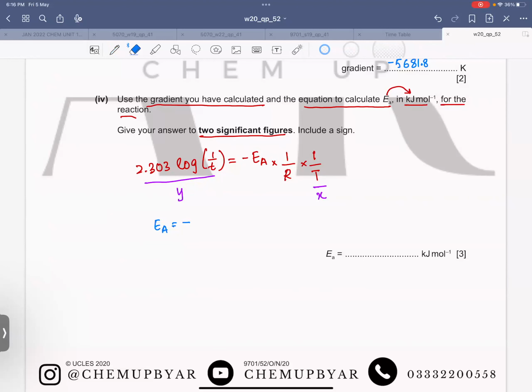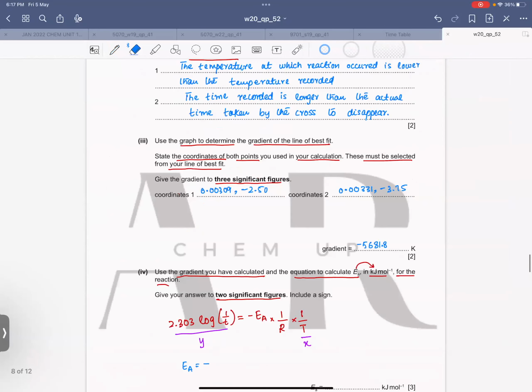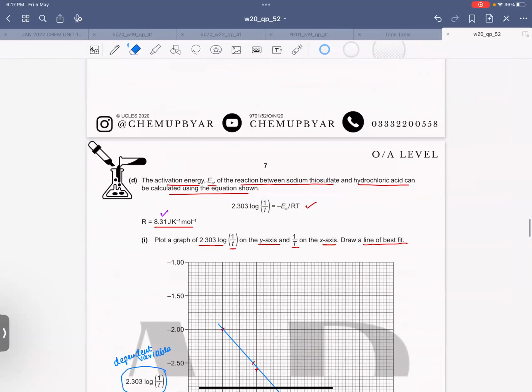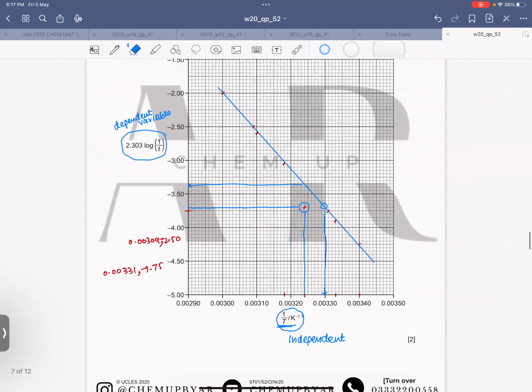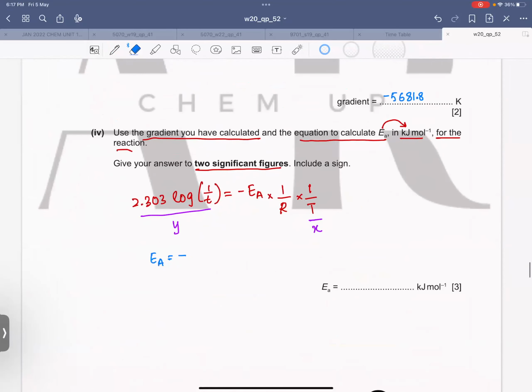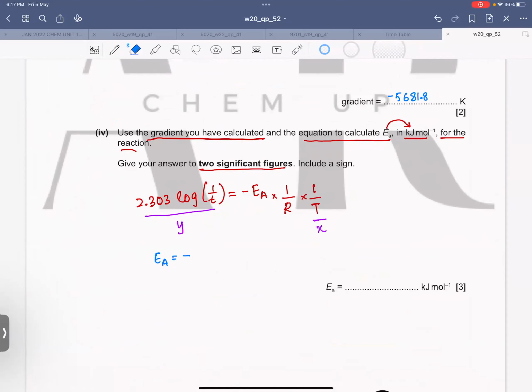Sir, wouldn't the gradient be EA over R? EA is not actually the gradient, Ahmed, okay?